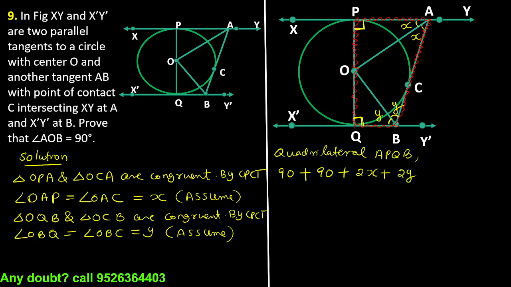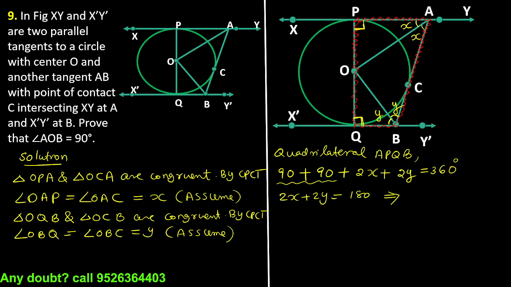Clear? So the sum of the four angles will be 360 in a quadrilateral. Here 90 plus 90 is 180. That 180 can be taken to the right hand side. We get 2x plus 2y equals 360 minus 180, that is 180.